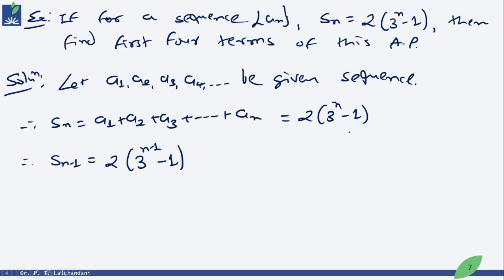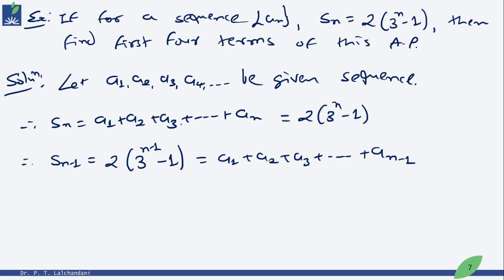Now why have I found Sn minus 1? See here, I have written a1, a2, a3 up to an. So what will this Sn minus 1 be? It will be a1 plus a2 plus a3 plus up to an minus 1. Now what do I want to find? I want to find an. So I hope you can guess how to find an using these two expressions.